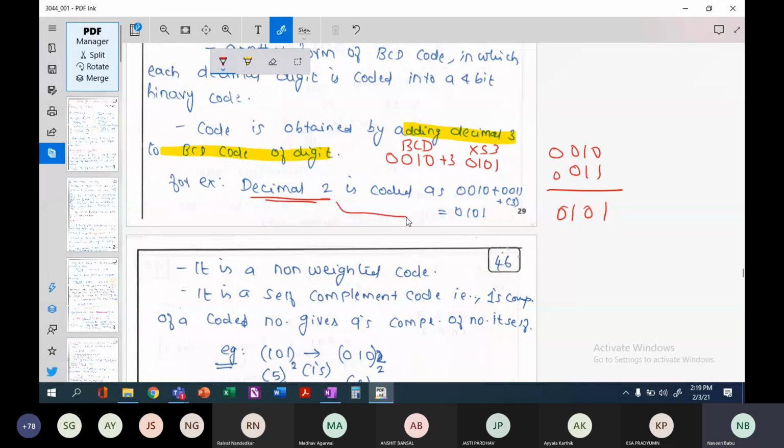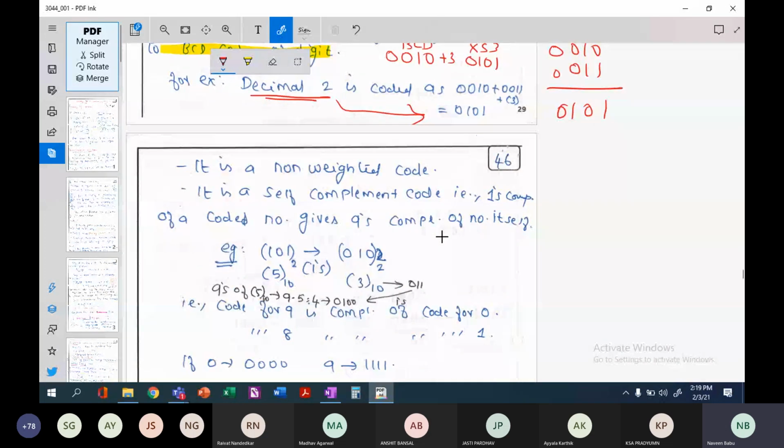Okay. And certain properties of XS3 code are, they are not weighted codes because there is no weight associated with the bit positions here, and they are self-complementing codes. What do you mean by a self-complementing code? I will read this statement, definitely you will not understand. Then I will explain with an example, you will understand. That is, you take the ones complement of a code number, it will give you the nines complement of the same number itself.